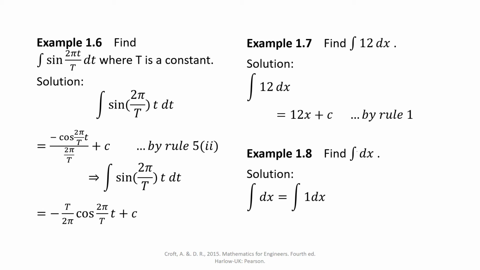So here it is 1, and according to our second rule, I think it will be x, and this. So first rule, yes, first rule, where there is a constant.